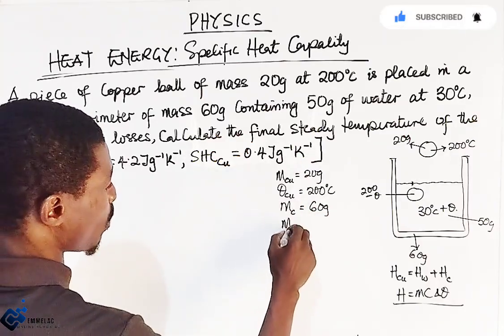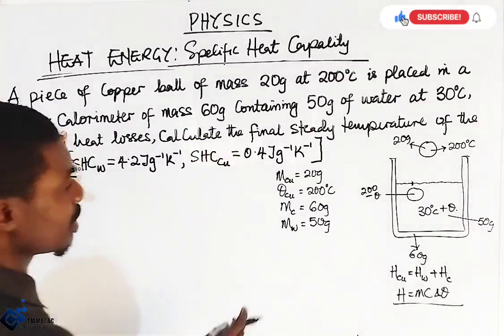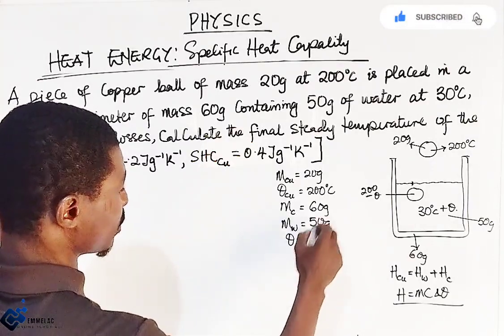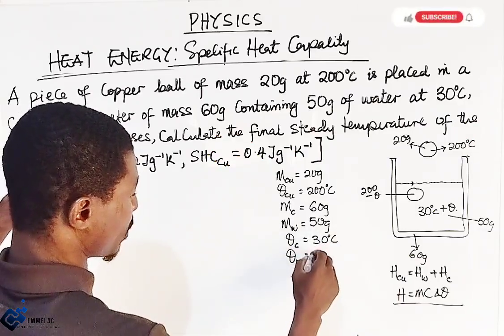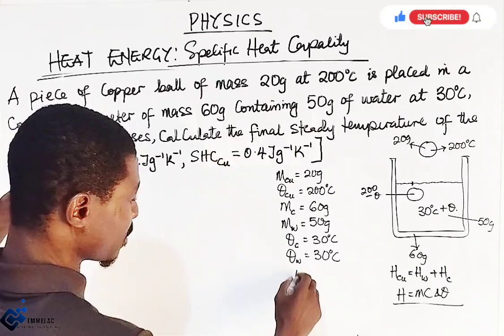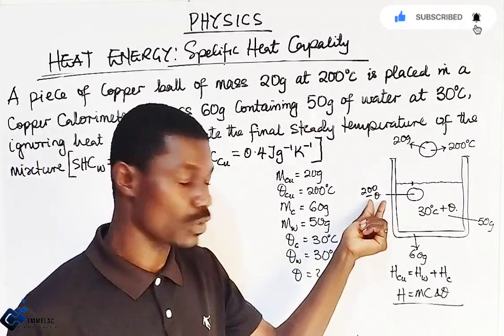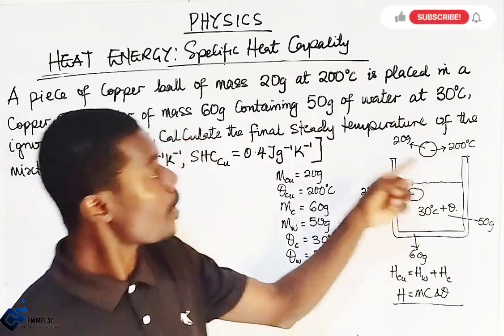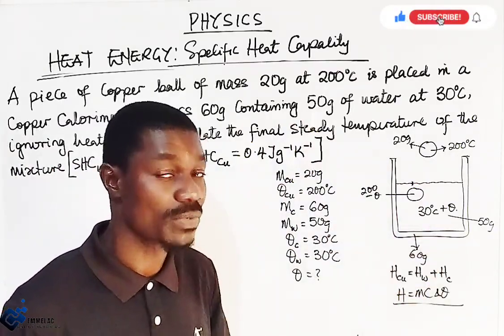The mass of water is given as 50 gram. The temperature of the calorimeter is 30, and that of water is 30. The final temperature we are looking for is theta, because the amount of heat that the copper ball will lose is the same amount of heat that the water in the calorimeter will gain.